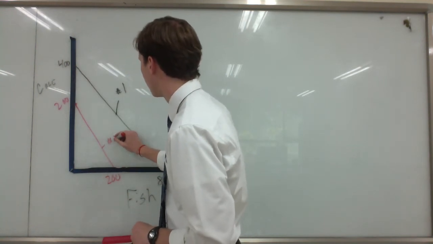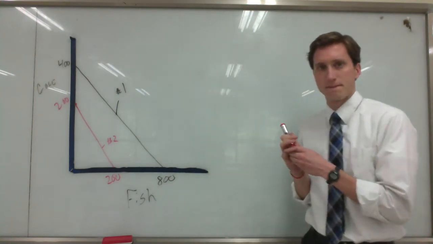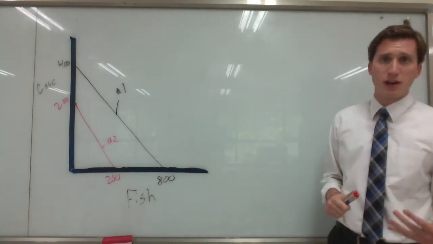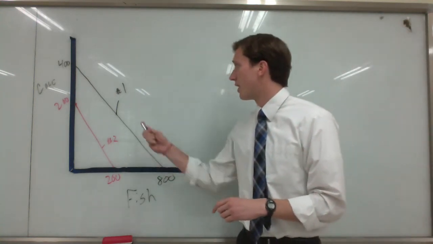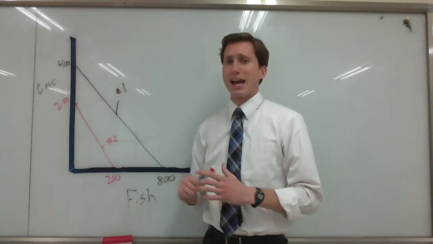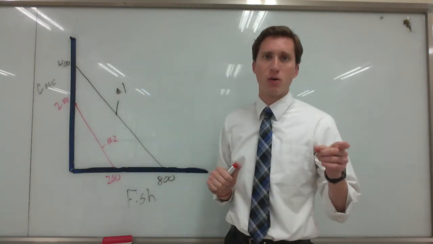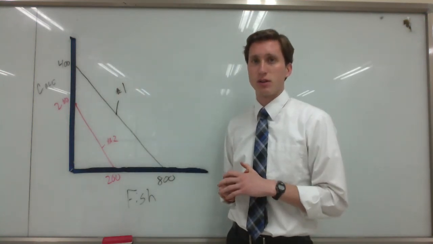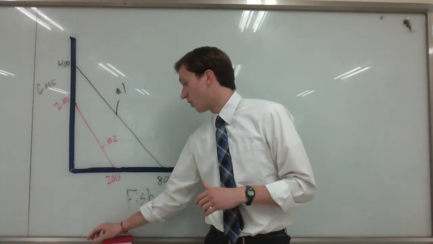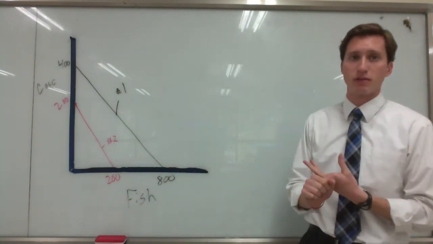Guy number 2. So absolute advantage, comparative advantage. Absolute advantage, we find out guy number 1, the guy in the black here, has an absolute advantage in both coconuts and fish. But he only has a comparative advantage in one of them.